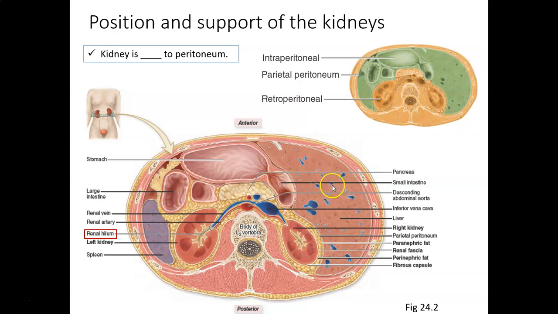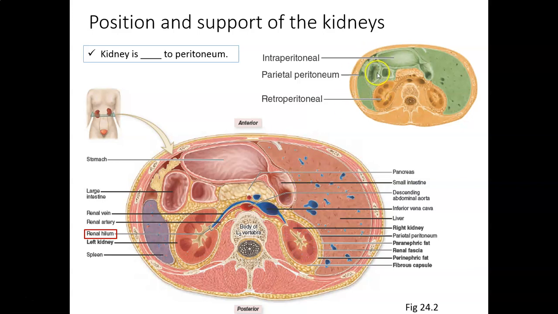You have the liver here, you have the stomach on the left side, and you have the spleen to the left of the left kidney. You have some large intestine here too, and pancreas. So it's a pretty crowded region.